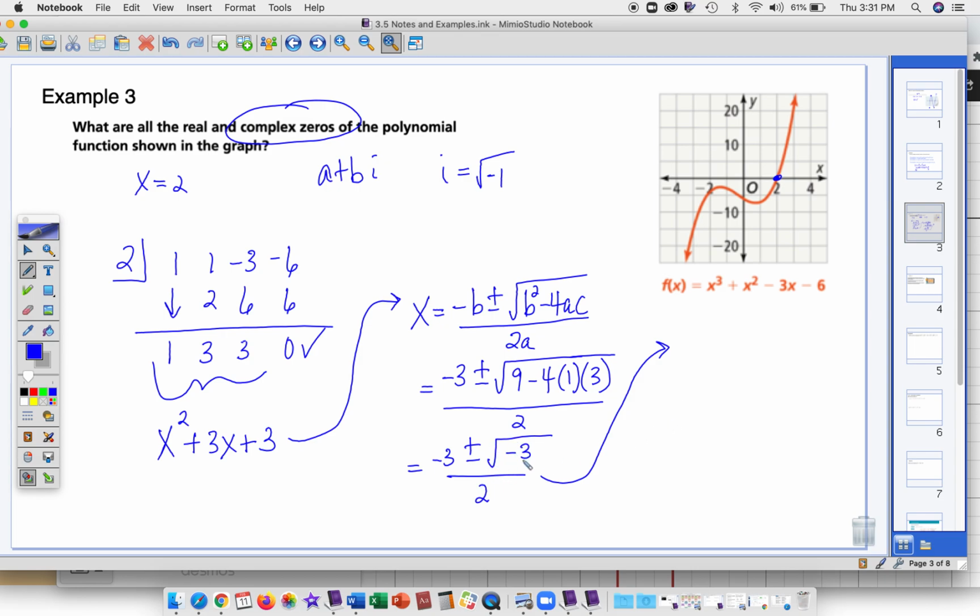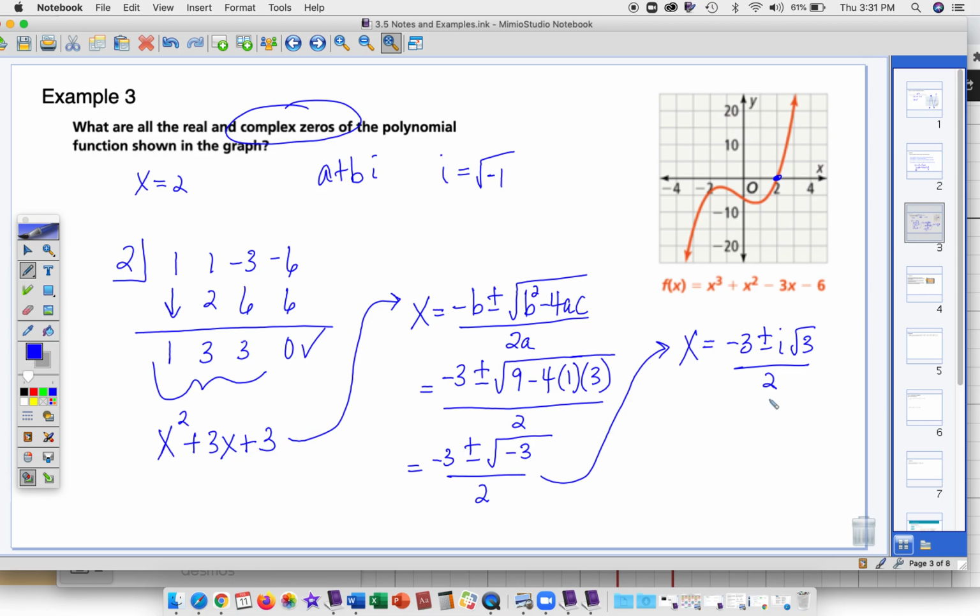That square root of negative 3, do you remember what that becomes? If you said i root 3, that's correct. So I have x equal to negative 3 plus or minus i root 3 over 2, or we can split that into fractions.